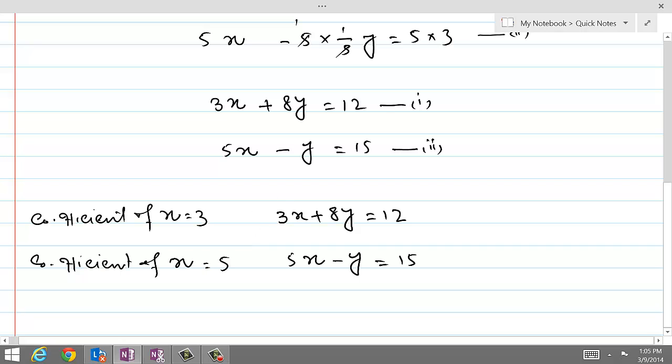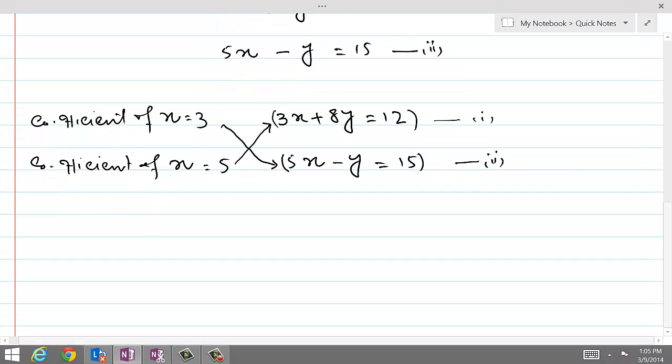And we do a cross multiplication: the coefficient of x in the second equation, we multiply it with equation 1, and the coefficient of x of the first equation, we multiply it with equation 2. This will ultimately give us equations with equal coefficients of x.